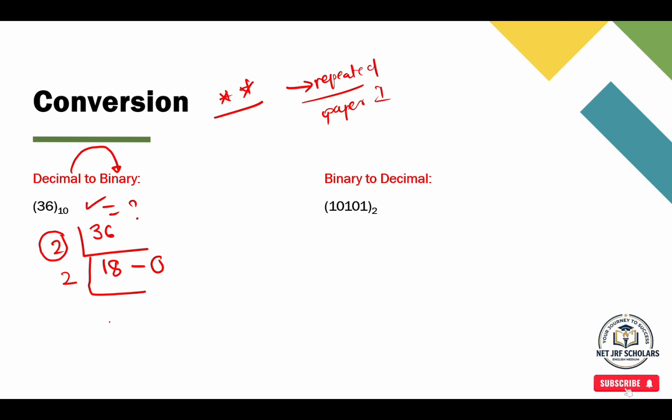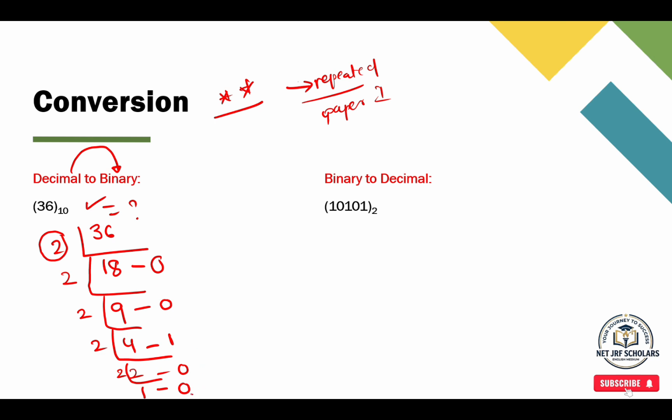Next, 2 9s are 18 and you are left with 0. Then 2 4s are 8 and the remainder is 1. 2 2s are 4 and the remainder is 1. Next 2 1s are 2 and the remainder is 0.